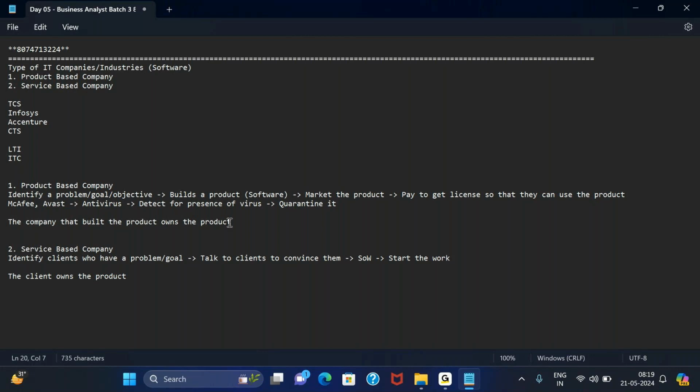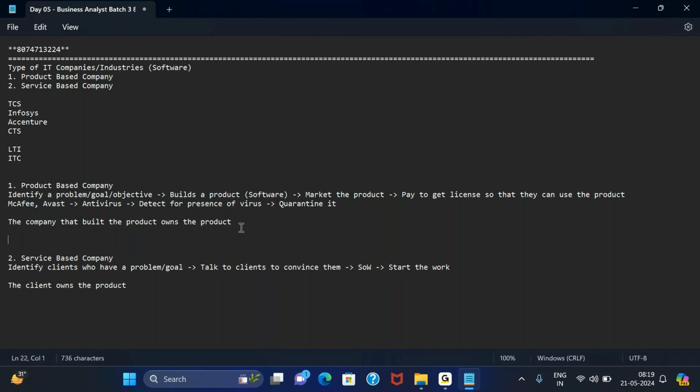So that is where our next point comes in: how are changes made in a product-based company. All the clients, all the people using the product, can share feedback about what they really like about the product and what can be improved.